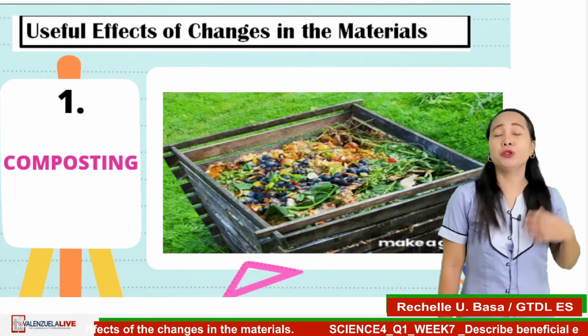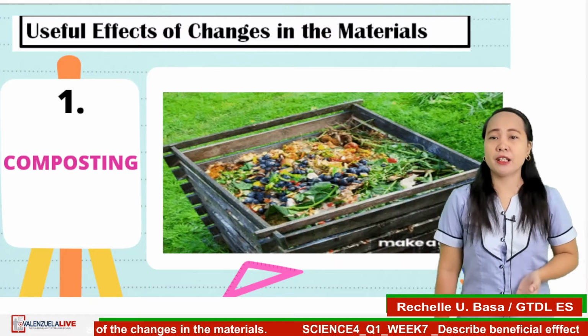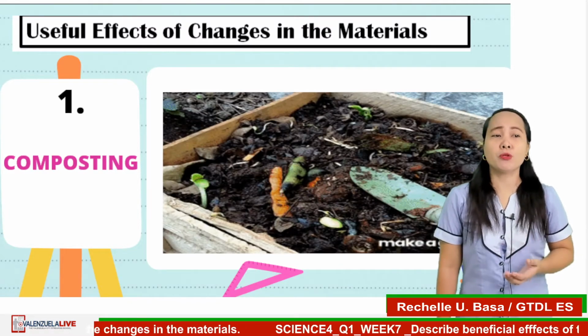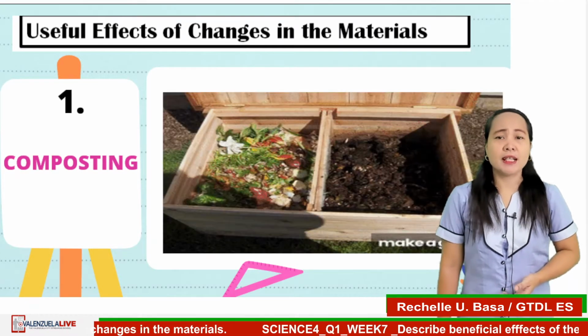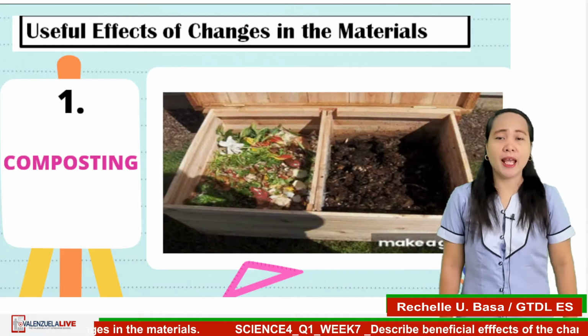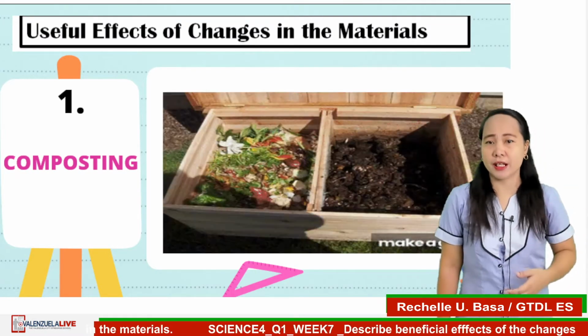In addition to food waste, yard waste, such as grass clippings and leaves, can also be added to compost containers. This will help increase decomposition and help reduce odor as the materials break down.